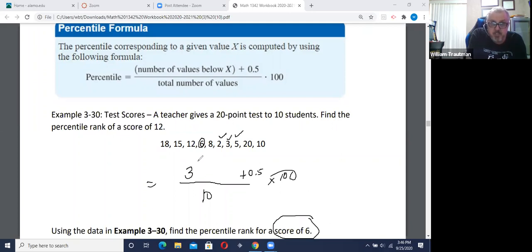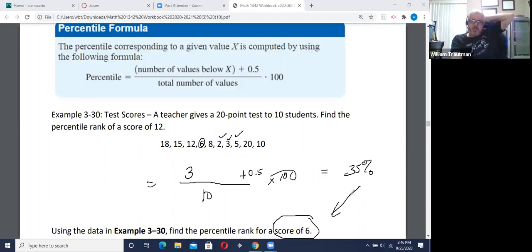There were 3 numbers below 6. And when I put this into my calculator, 3 plus 0.5 divided by 10 times 100, I'm in the 35th percentile. In other words, I did better than 35% of the class, but 65% did better than I did. So this was the answer for that problem down there.